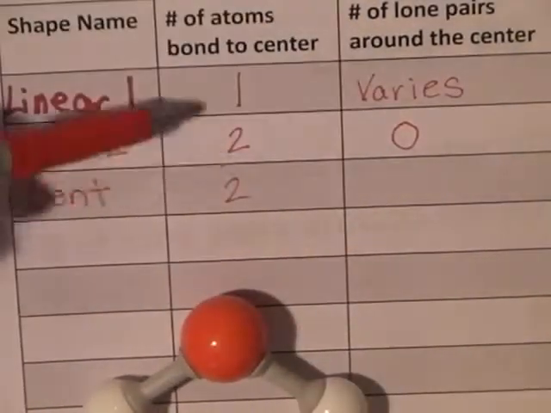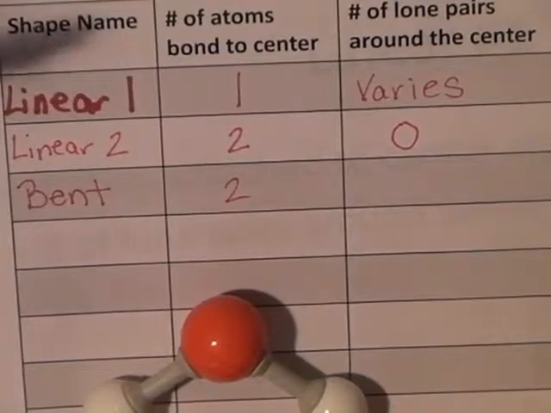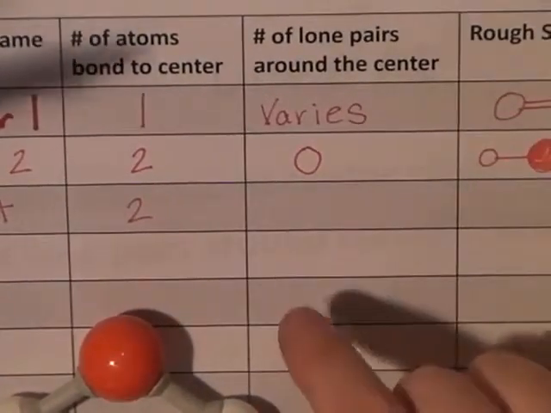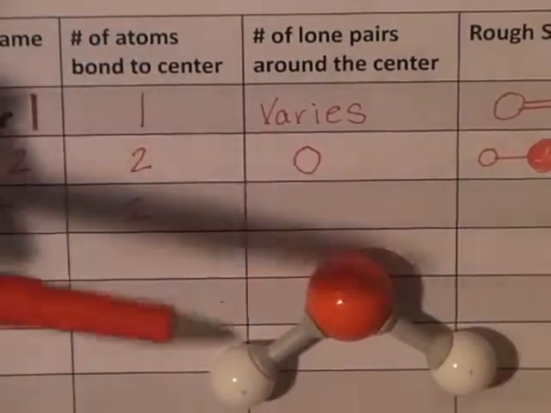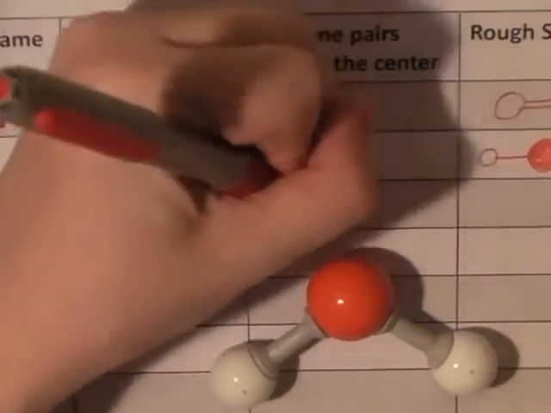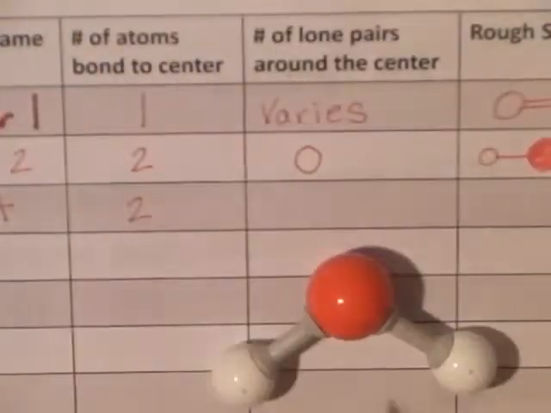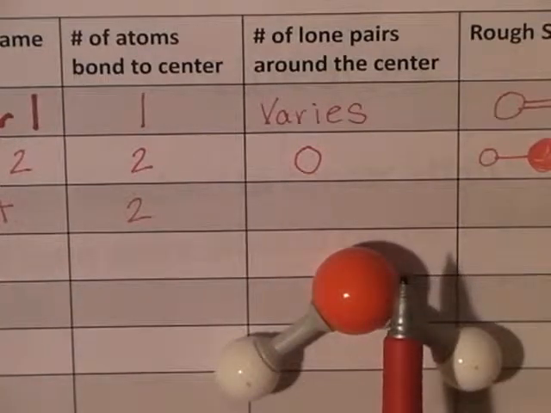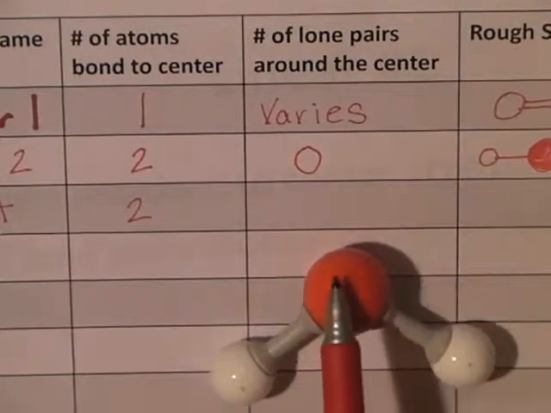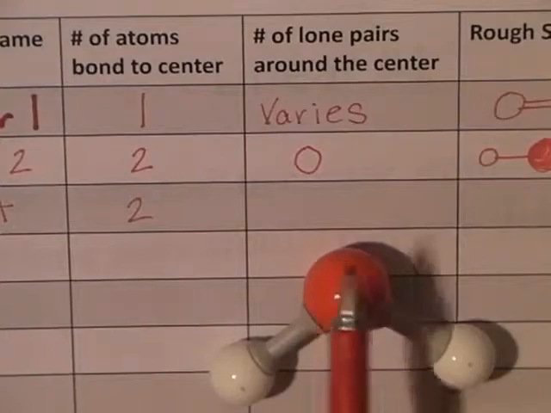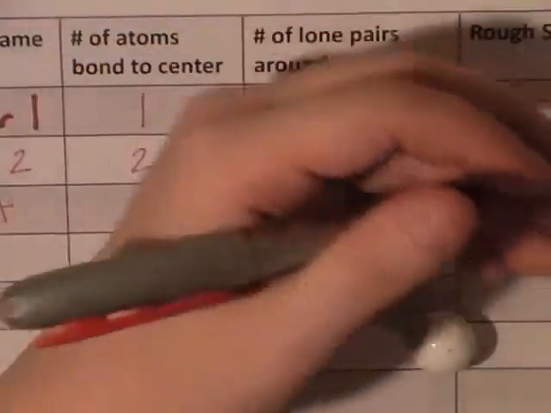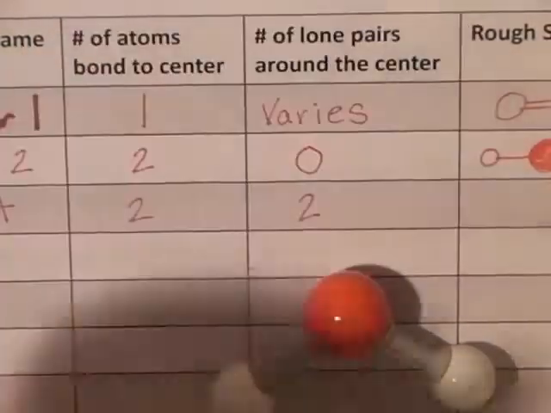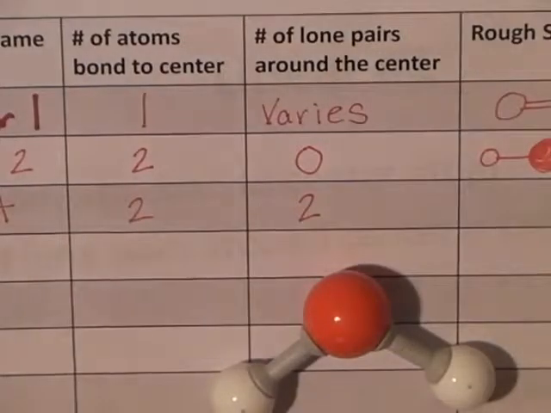All right, so notice the difference, 2 here. And then the number of lone pairs around the center. In order for the octet rule to be met, we know we've got 2 electrons here, 2 electrons here. That means there still needs to be 4 more electrons, right? So it's 2, 4, 6, and 8, which means that there are also 2 lone pairs around the center atom.